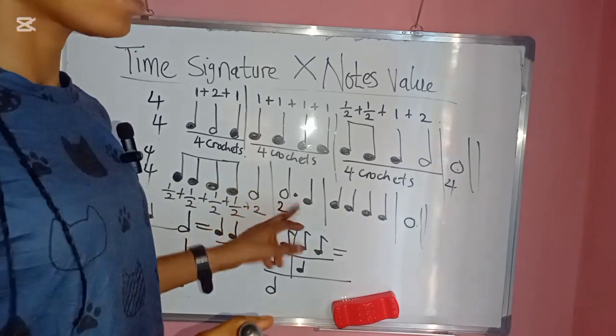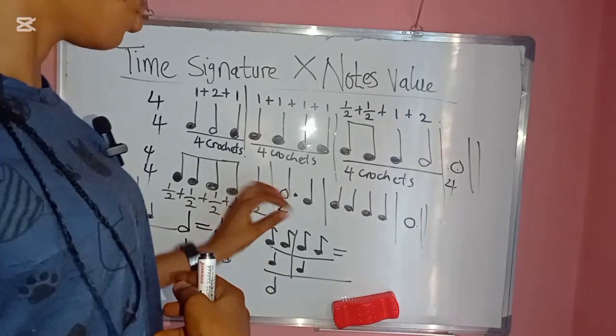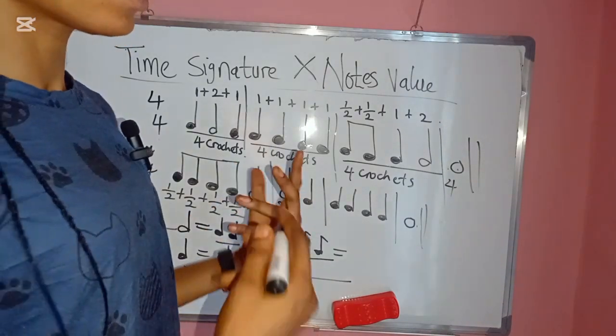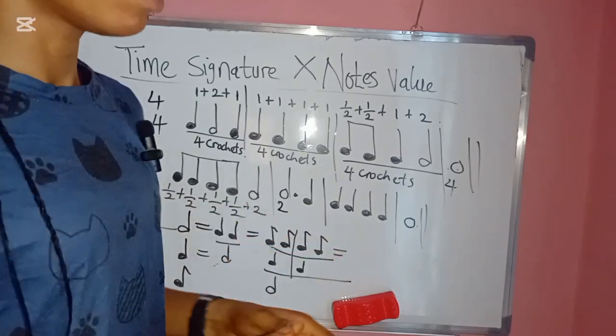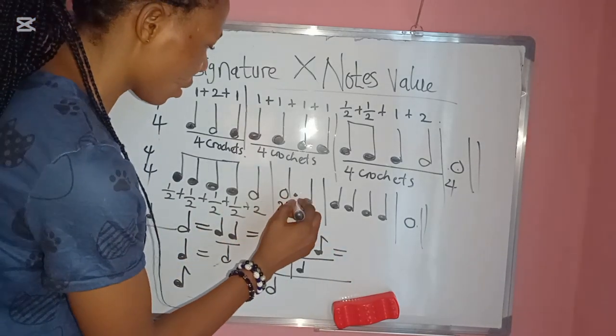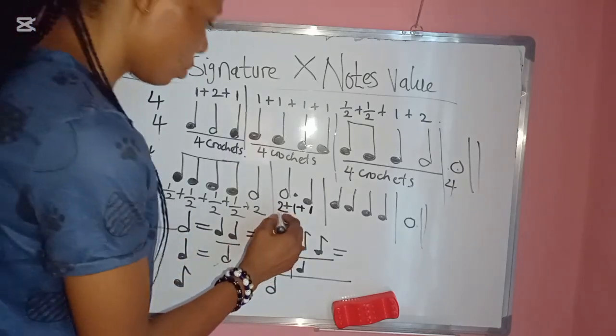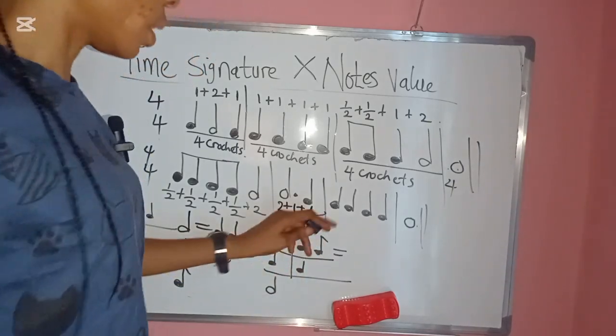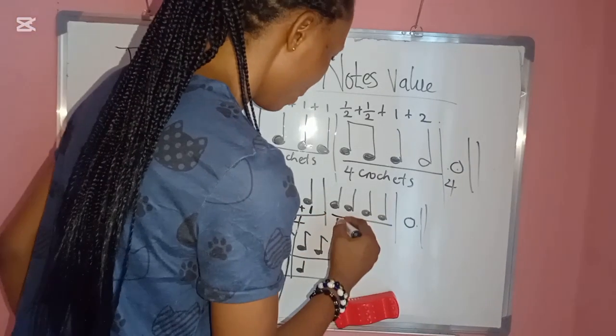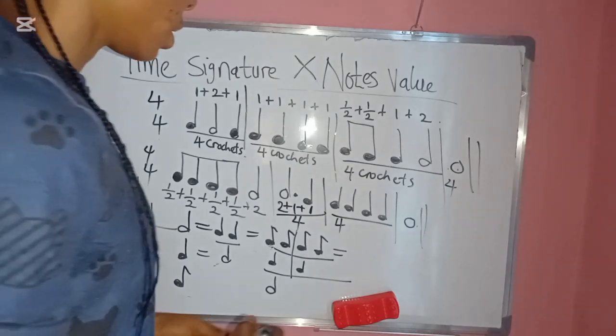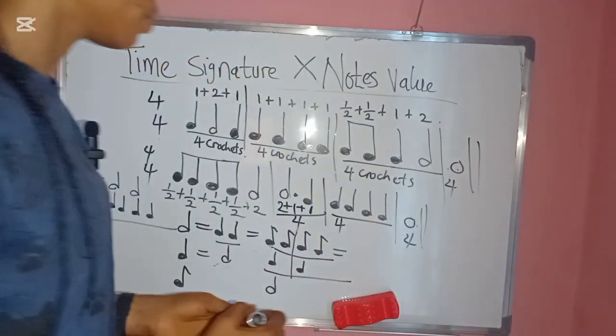Because this dot means half the original. So it's 1. That means here we have 2 plus 1, plus 1, which is equal to 4. And here you see we have 4 crochets, and here we have 4.